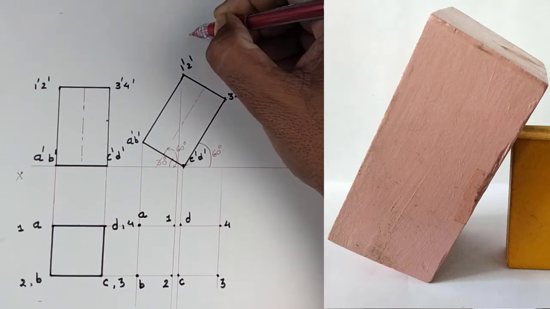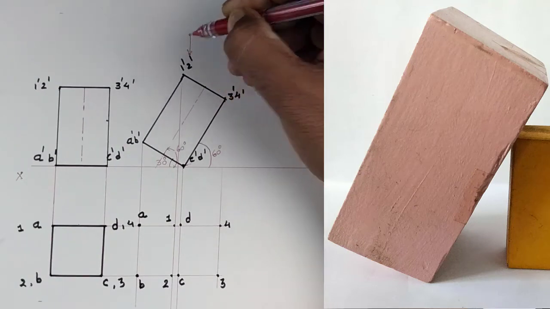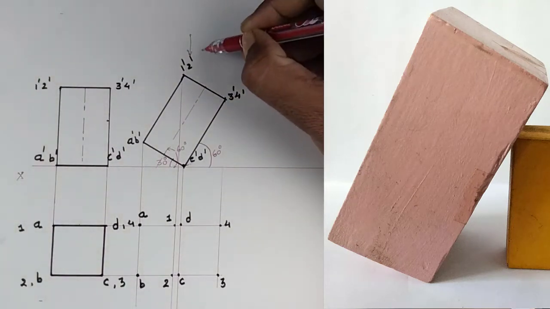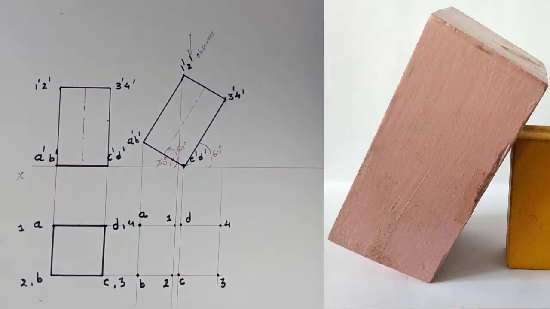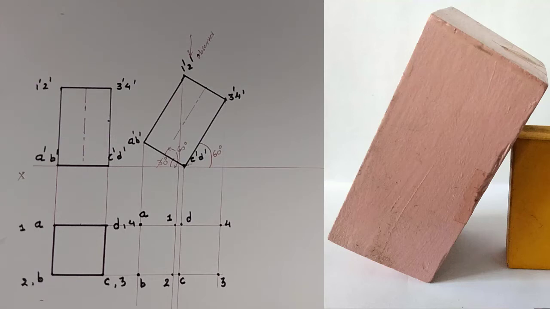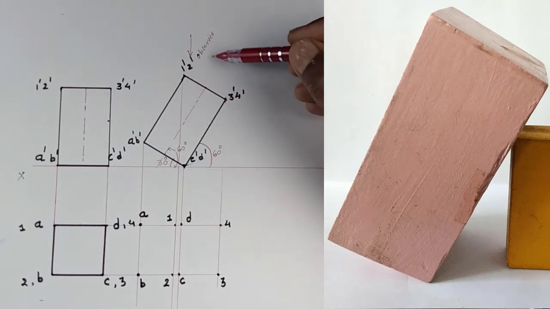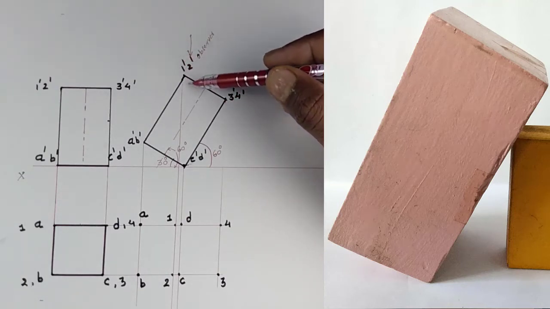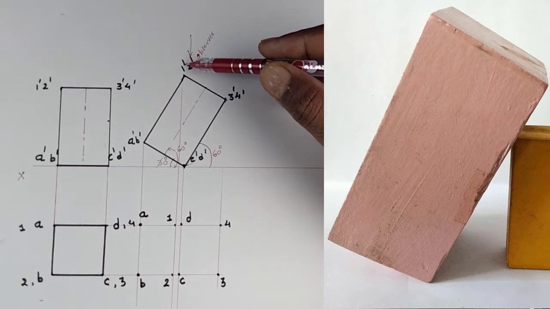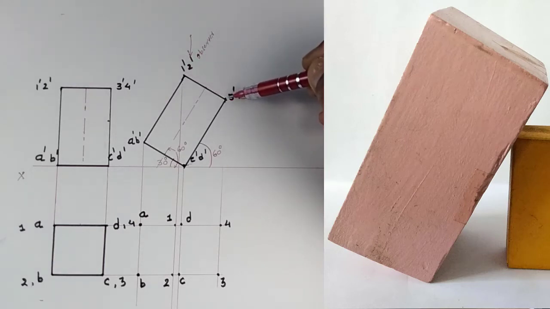Now from top orientation, the observer can see the upper base. So we can draw the upper base with a full line.